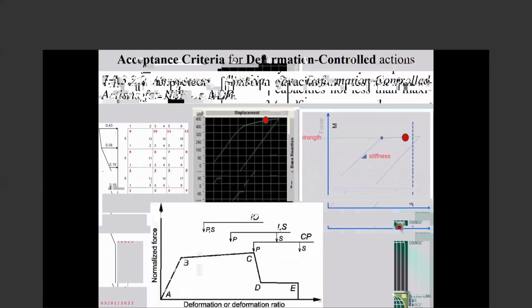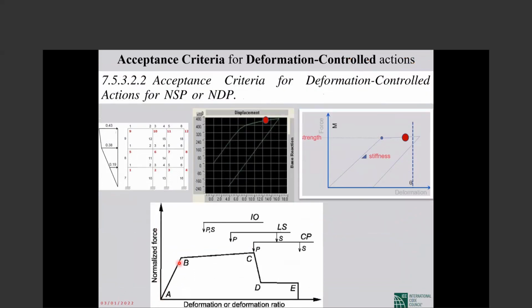Here in the codes for existing buildings, we have two very important curves. All others are good, but they are not as important for a structural engineer.